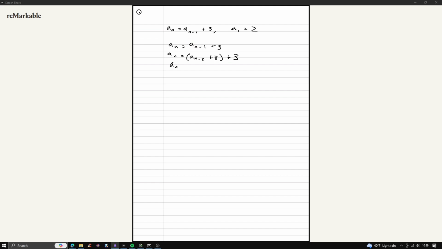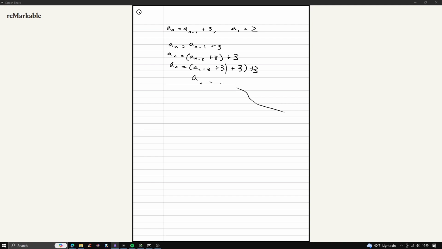So we can continue this process. a of n minus 2 is equal to a of n minus 3 plus 3. We add our plus 3 for the last one and our new plus 3. And we see that this pattern just keeps going on, right?